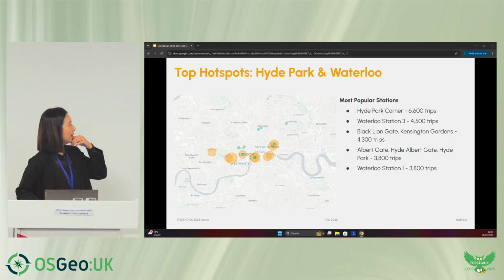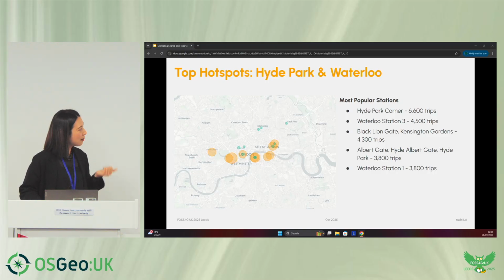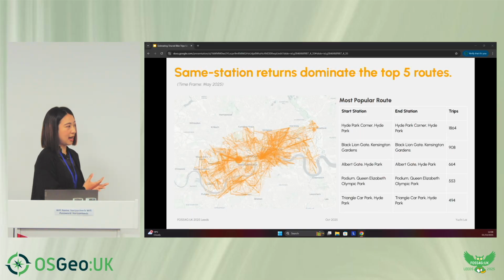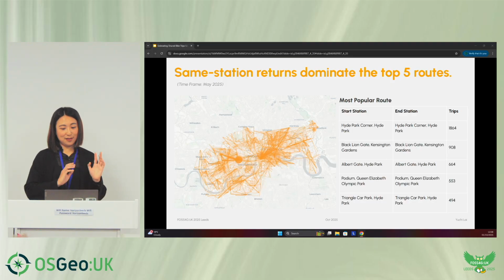And this is the spatial pattern in London. The most popular station is Hyde Park, and the other one is Waterloo station. Taking a look at the routes, this is the graph where I put the routing API in.